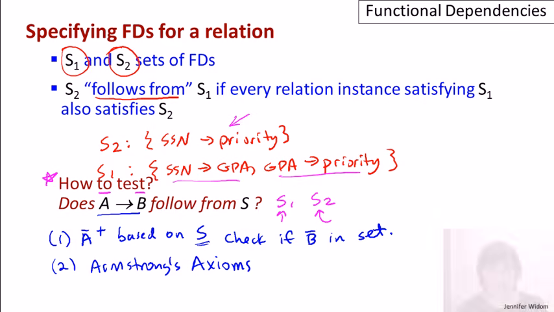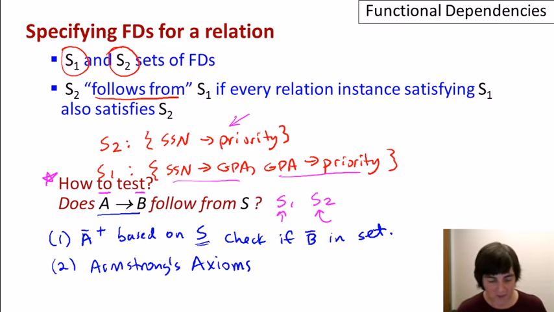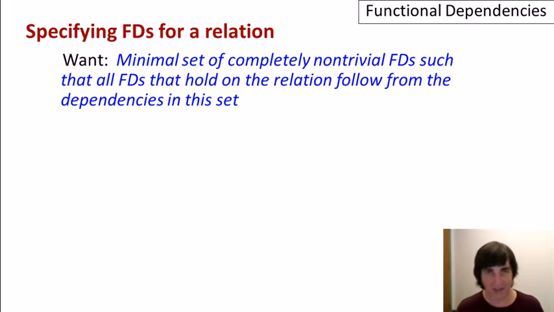So you might wonder, why did I introduce this notion of one set of functional dependencies following from another? And for that matter, why did I introduce trivial and non-trivial functional dependencies? Well, I'm going to sum up in one sentence what we're looking for when we specify the set of functional dependencies for a relation. So we have a notion of the real-world data. We have our attributes, but we need to specify the functional dependencies in order to get a good design or for some other reasons I mentioned.